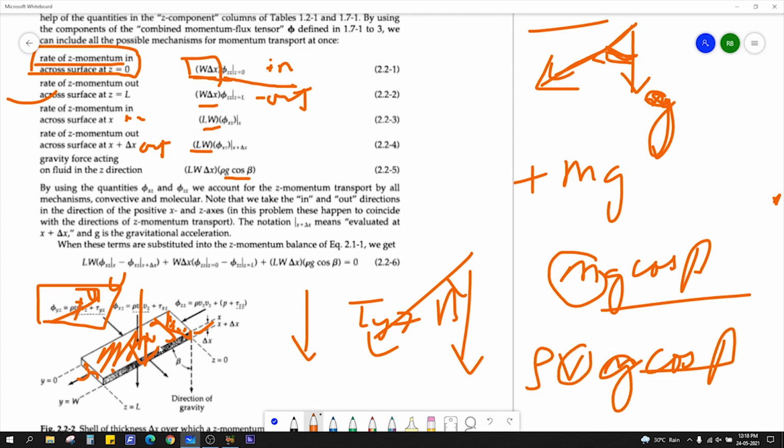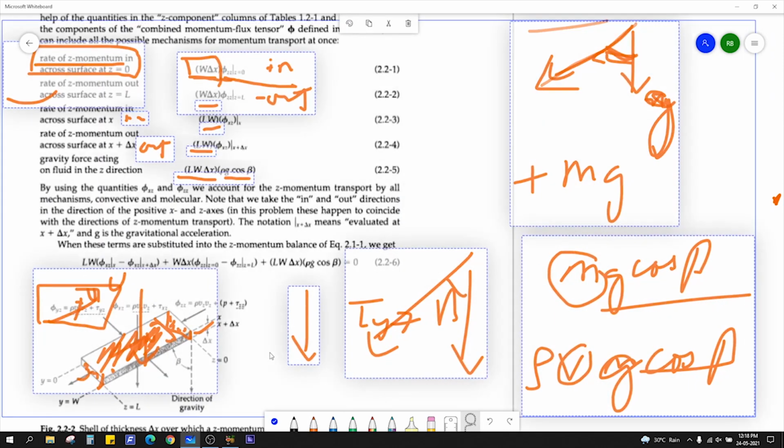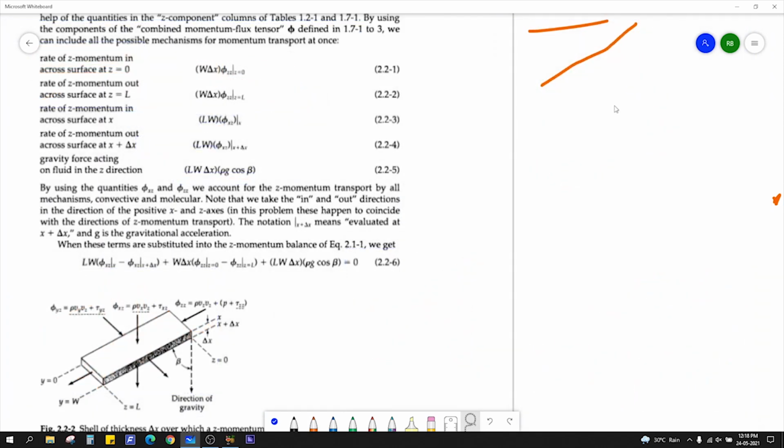The volume of the thin shell is the area LW times the thickness delta x. So it will be LW delta x rho g cos beta. So you're done, you have calculated all the factors. I think it's clear up to here.